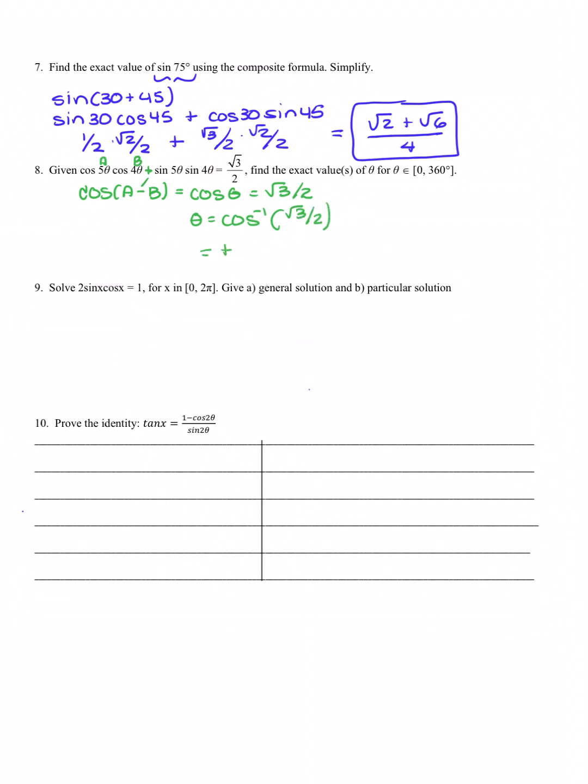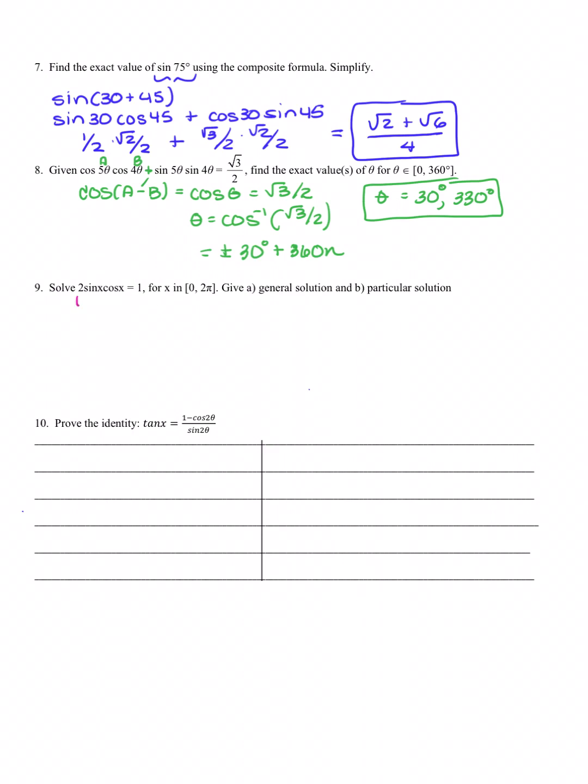That gives me plus or minus 30 degrees plus 360n, so they just want the particulars. So that will be 30 degrees. Negative 30 is equivalent to 330 degrees, and those are going to be the only values from 0 to 360.